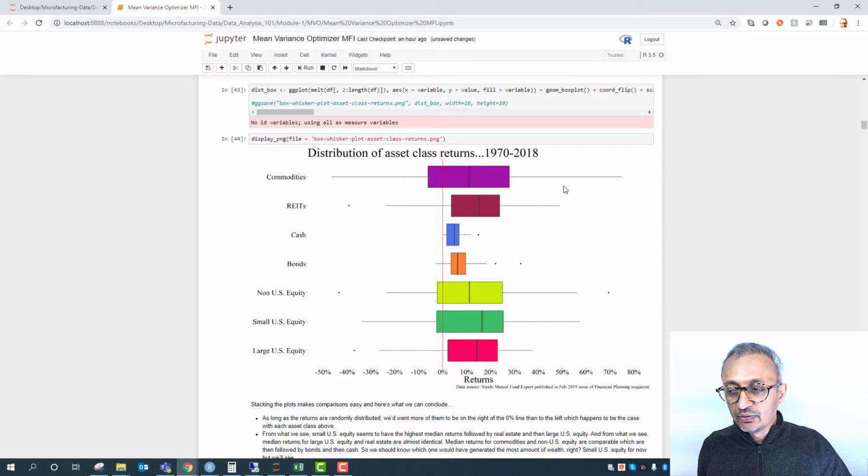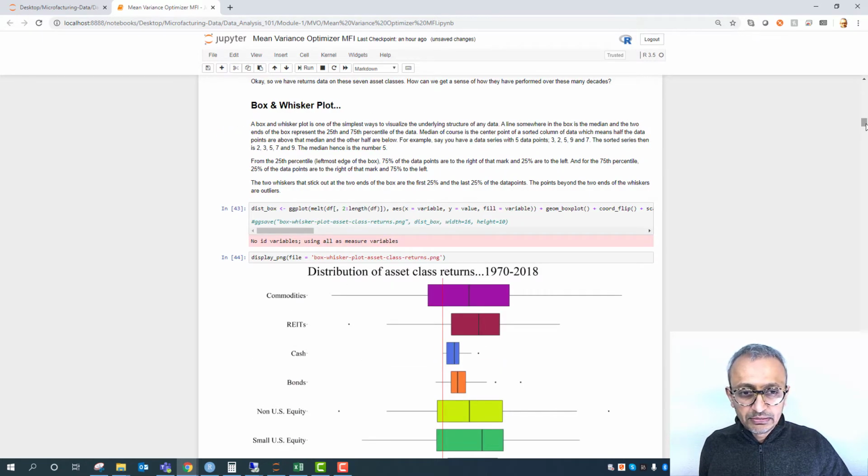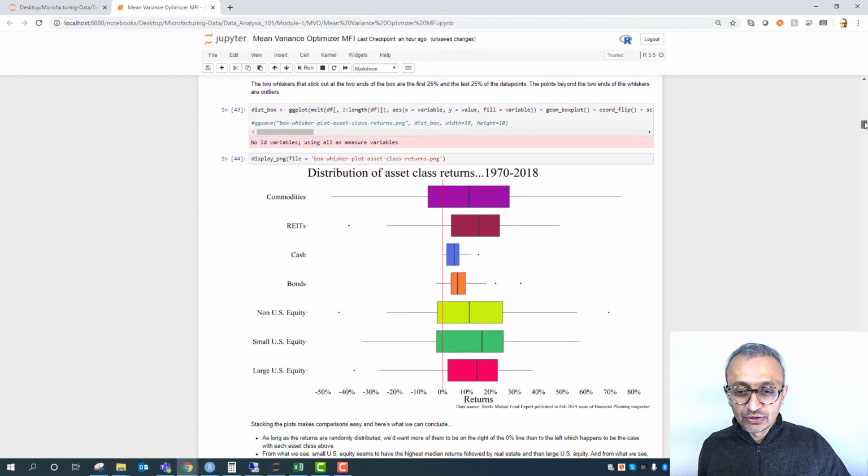Then 3 would be here and 3 would be here. I write about this here. For example, say you have a data series with 5 data points: 3, 2, 5, 9, 7. The sorted series then is 2, 3, 5, 7, 9. The median hence is 5, because that's the middle point. And similarly the 25th and 75th percentiles, and so on.